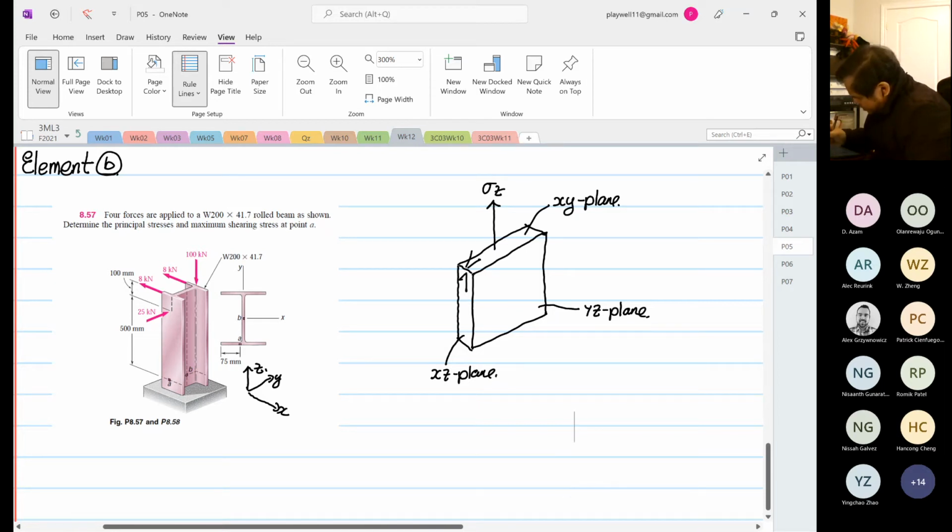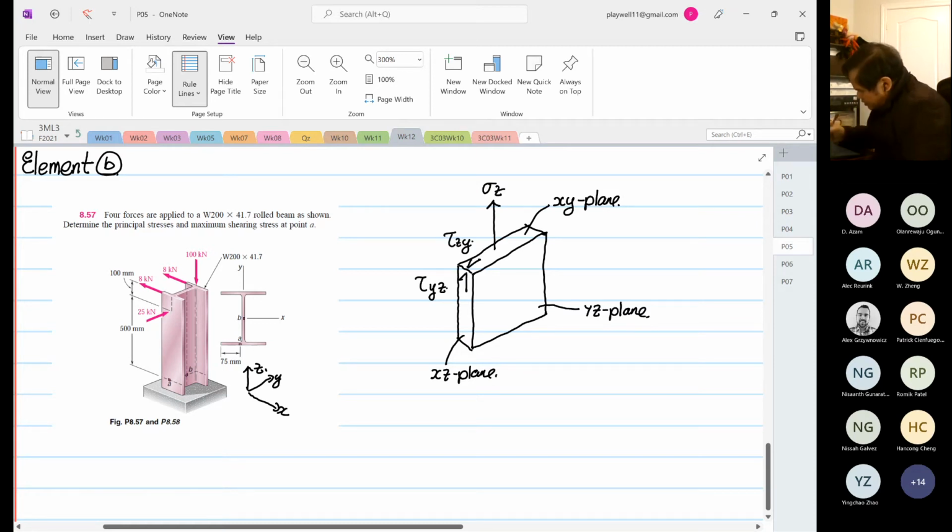So this is my shear XY, no, it's not shear XY. The shear YZ, sorry. So that is our shear ZY.